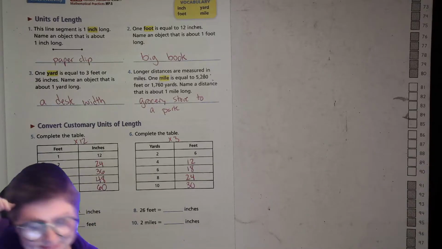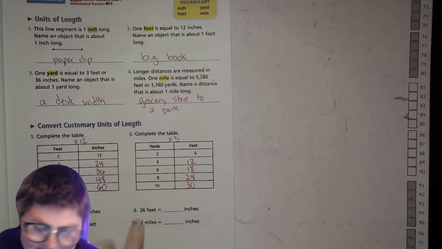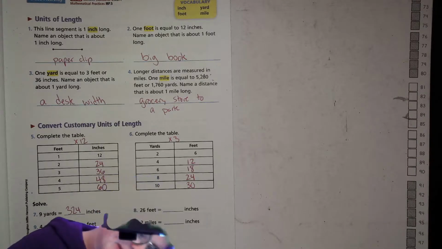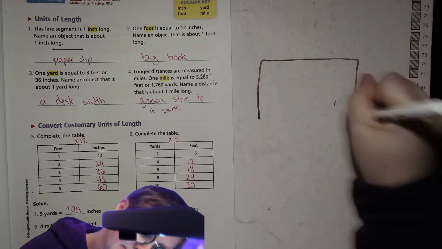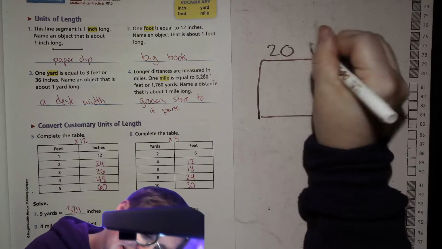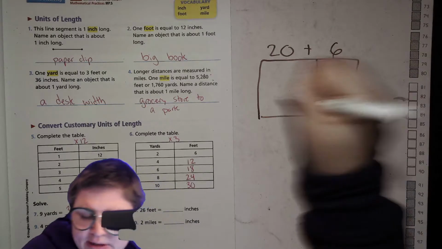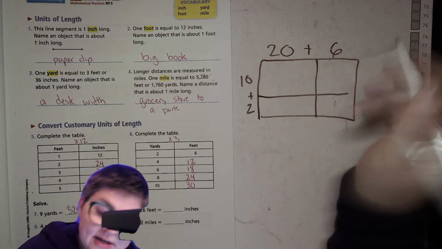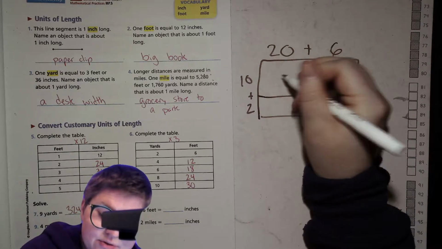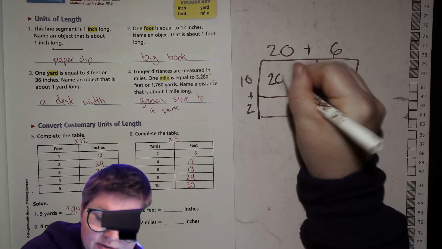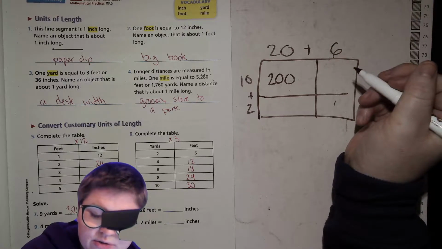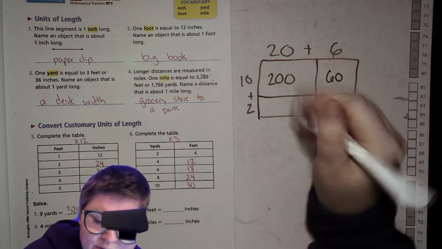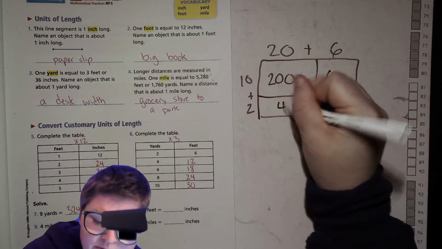All right, next one, 26 feet 2 inches. So for this, we'll multiply it by 12, right? So 20 plus 6 multiplied by 10 plus 2 for 12. 10 times 20, 200. 10 times 6, 60. 20 times 2, 40.